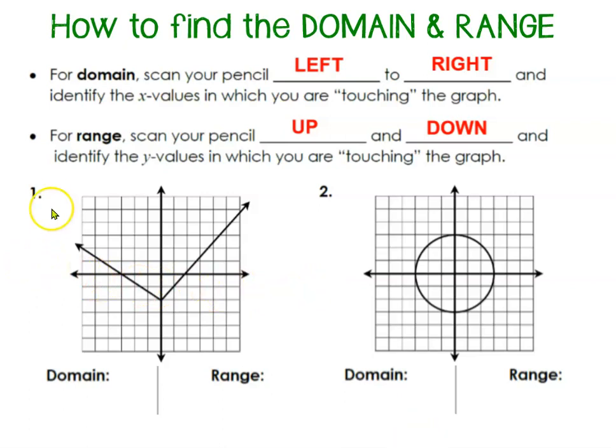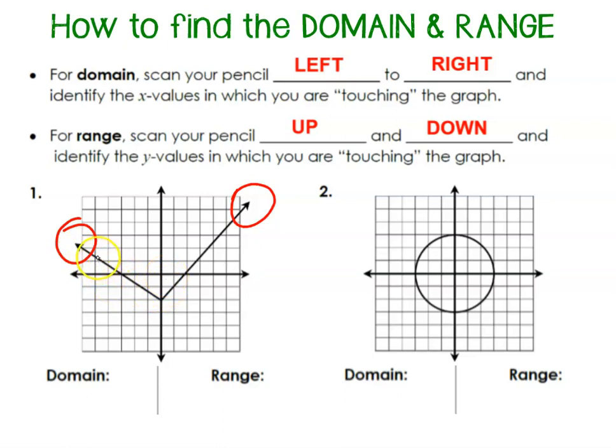So if I were to take a straight line here and I were to be scanning from left to right, I would be touching a lot of points, and actually this is quite important because it means that the graph keeps going. So not only would I be touching all of these values here, right?